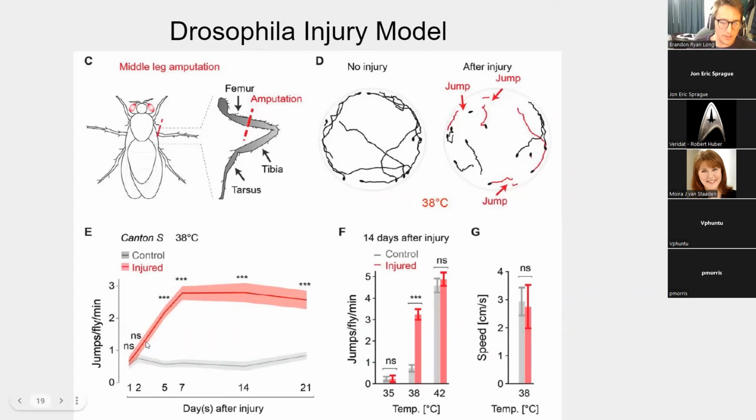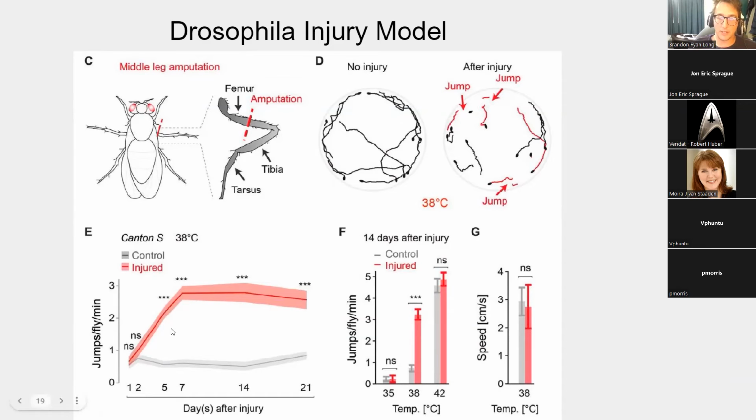So what they found is it takes a couple days to onset, but you do get flies. The independent variable here is jumps. So you have the hot plate, you have the injured flies, and the injured fly is going to be jumping a lot more. If you look at this graph, it'll jump anywhere from 3 times a minute, when controls jump less than about half a jump a minute.